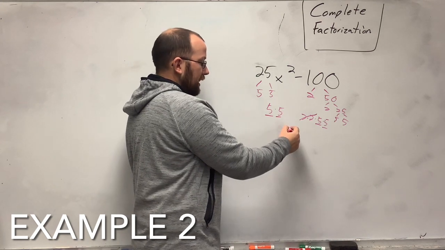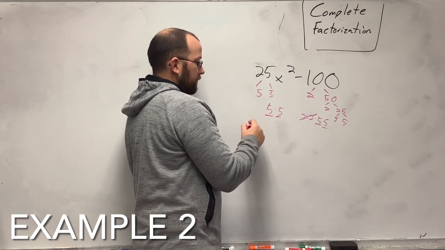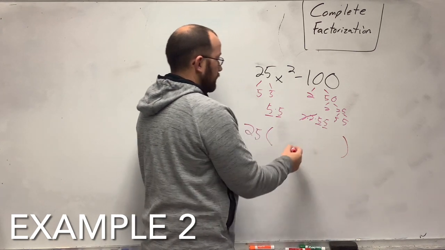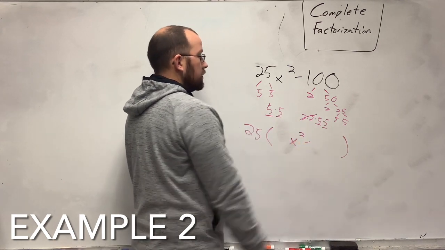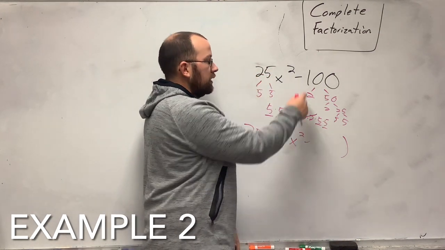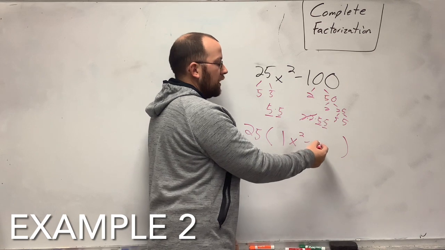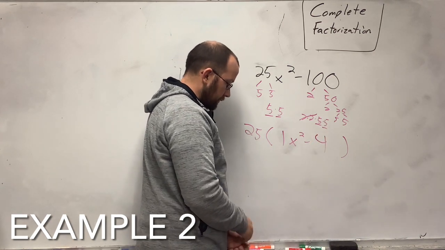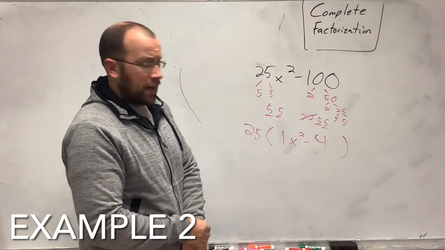I multiply that together to get 25. So I divide 25 by 25, which gives me 1, and 100 by 25 to give me 4. And that is just taking out the greatest common factor.